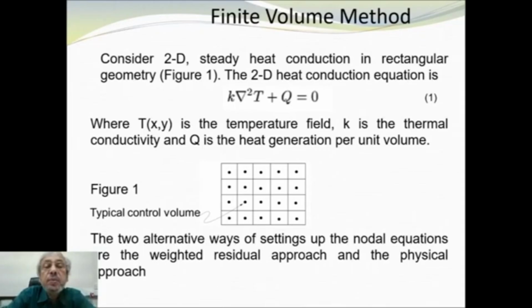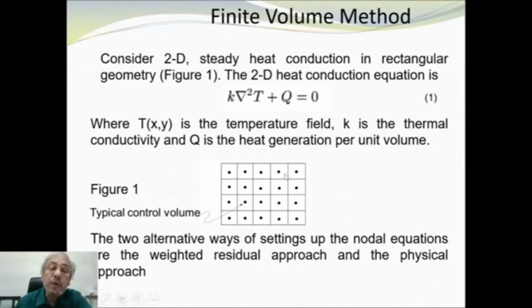Now consider a two-dimensional steady-state heat conduction in rectangular geometry, like we have given in the figure here. The 2D heat conduction equation, as you know, is k del square T plus Q equal to 0, where T is the temperature field, k is the thermal conductivity, and Q is the heat generation per unit volume.